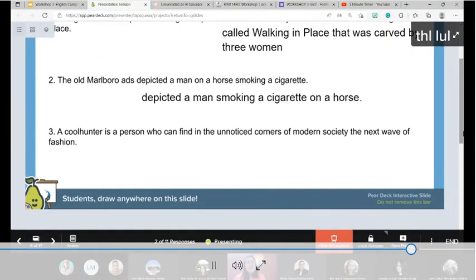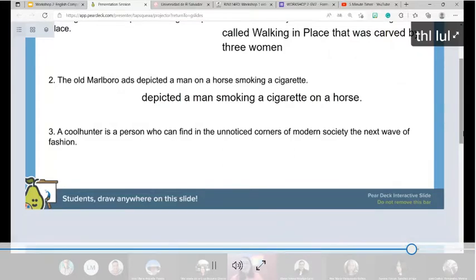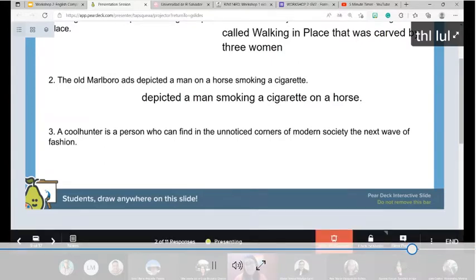Number 3: a cool hunter is a person who can find in the unnoticed corners of modern society the next wave of fashion. So we're talking about the cool hunter.